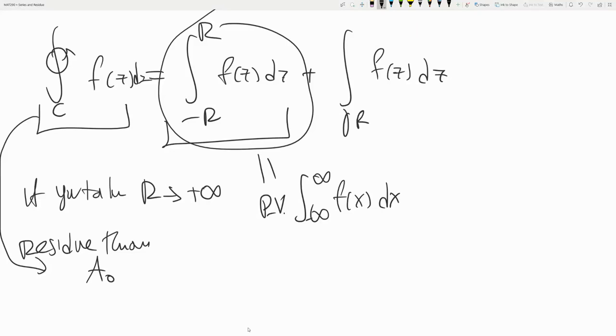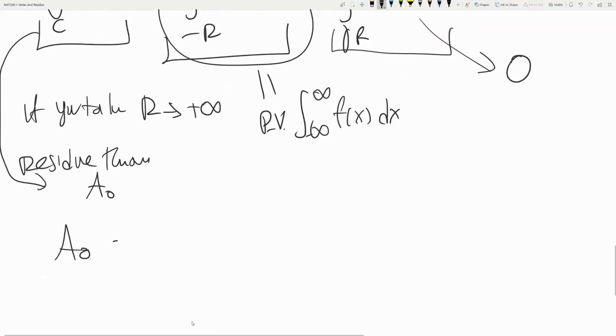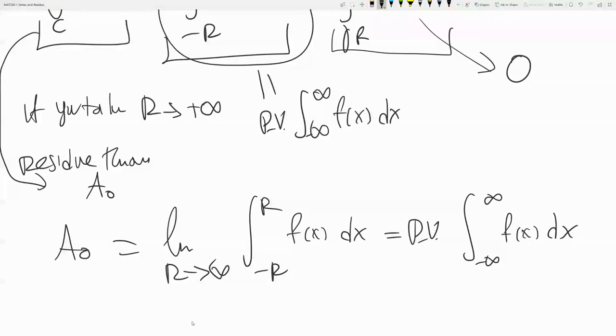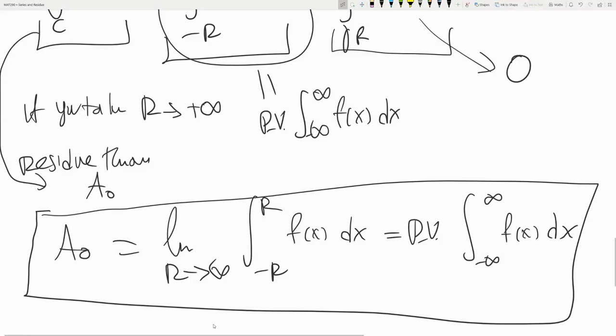This is what you want, and hopefully this will go to 0, and we will explain how. So putting these two together, you get that A naught is equal to the principal value of your integral. And that's the whole technique. That's the whole idea.